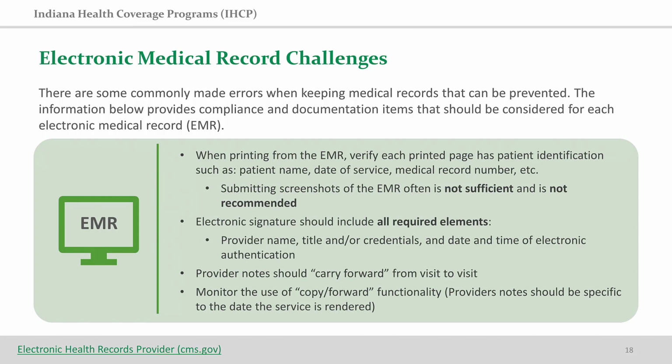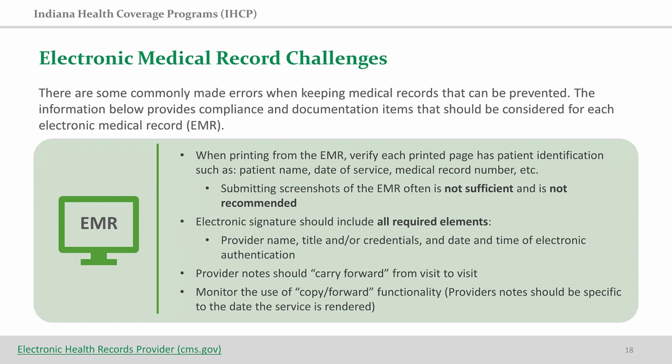Although the patient's name, date of birth, and medical record number are found on the first page of the record, these same elements are missing from the subsequent PDF pages that are printed directly from the electronic medical record. Without this information, we simply are not able to authenticate that the medical record printed from the EHR is for the same member.